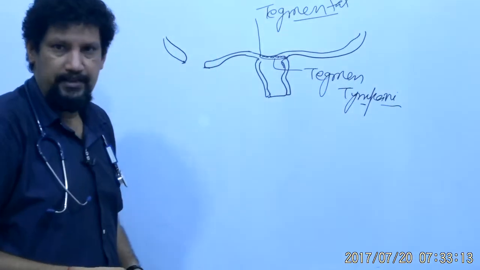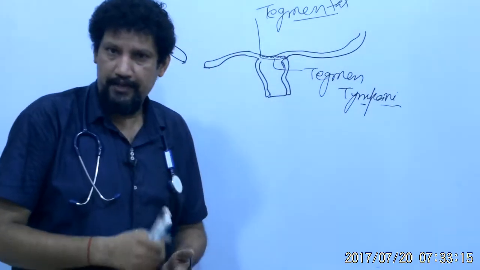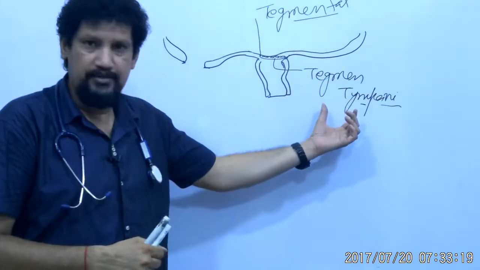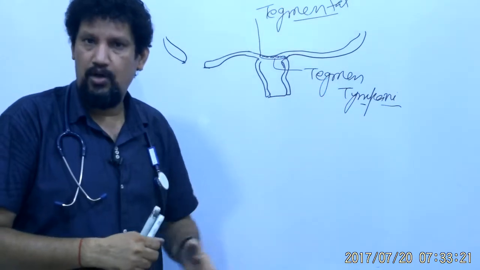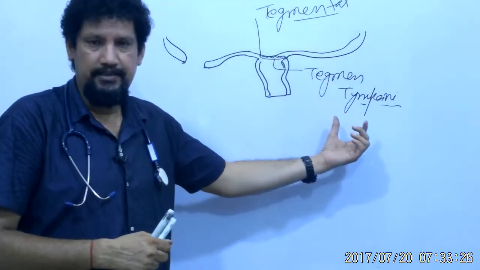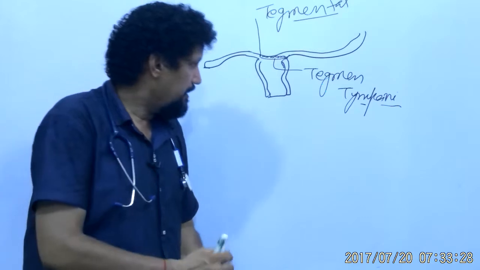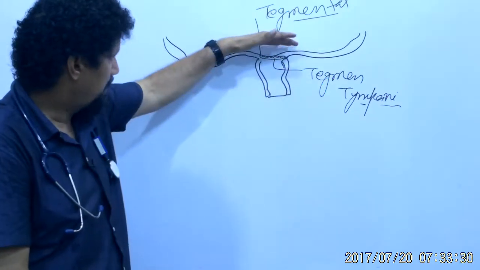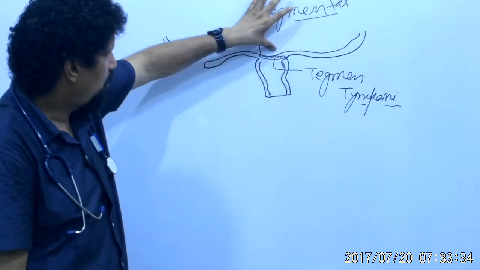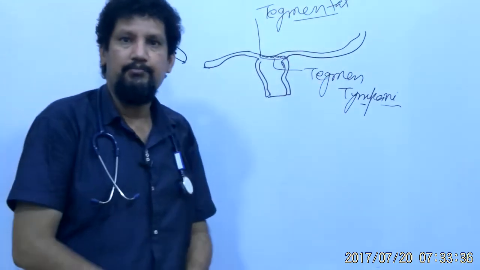This is a very thin plate. The word tegmen is used sometimes for the roof, and it is roofing the tympanum or the tympanic cavity. So this is tegmen tympani, and above this part there is a layer or covering of the brain, the meninges.